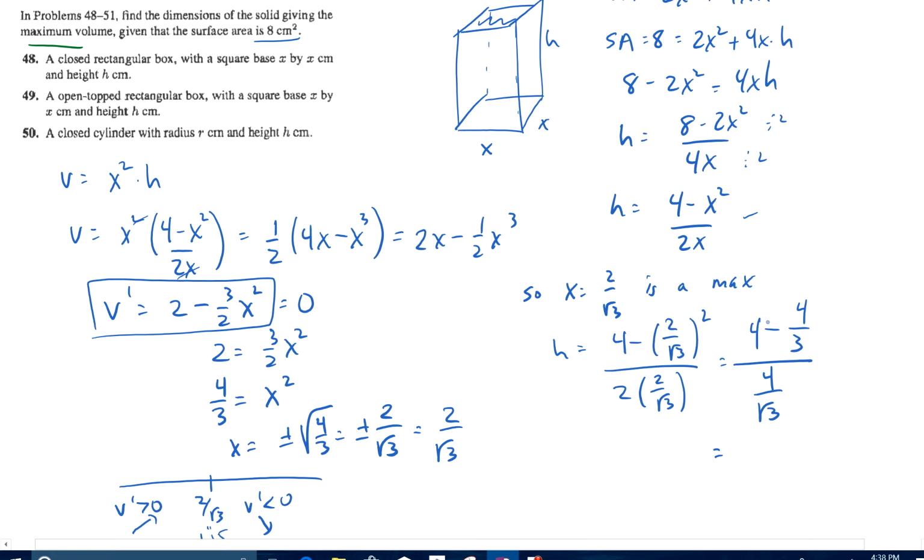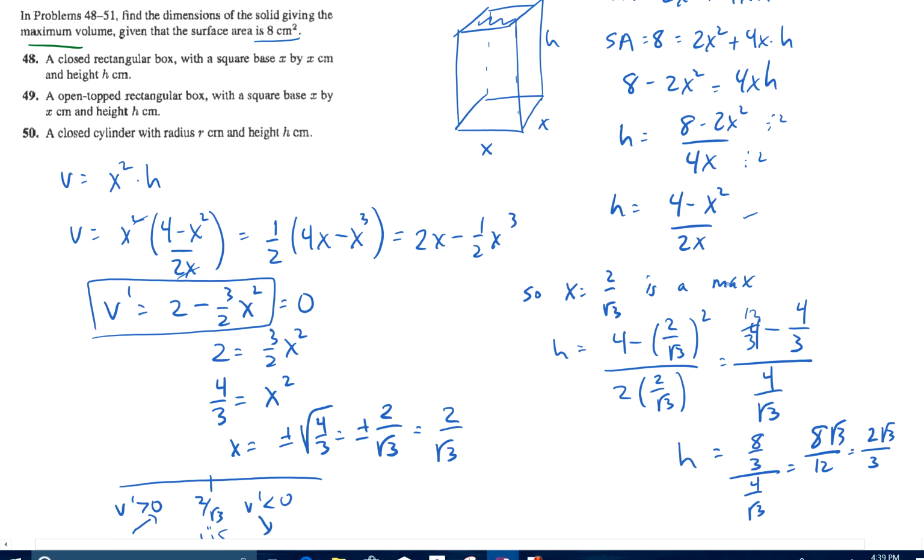This is 12/3, so 12 minus 4 is 8/3 over 4 over square root of 3, which is 8 square root of 3 divided by 12. If I divide those by 4, I get 2 square root of 3 over 3. So there's h.